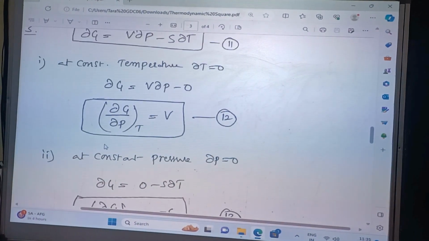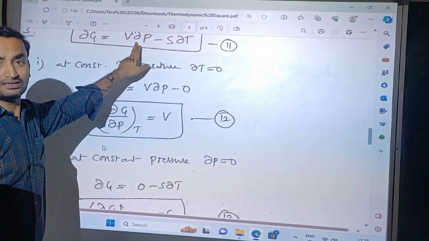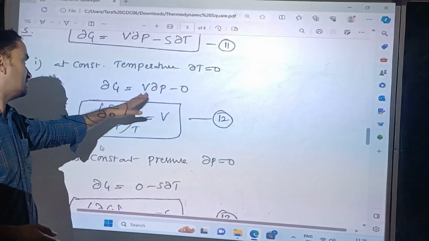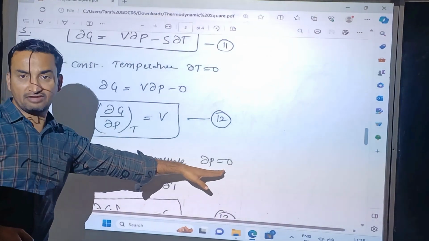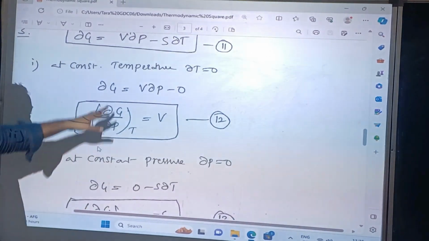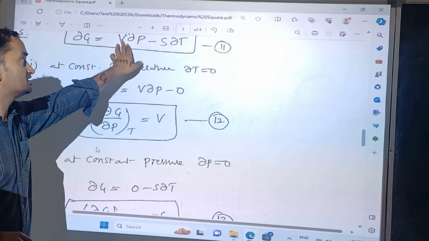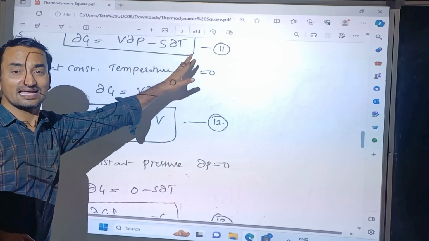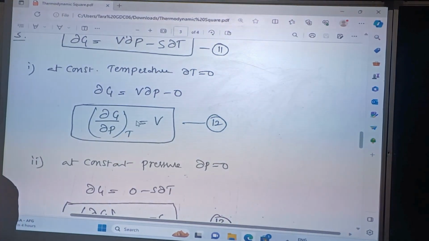Now continuation to that one. Just now we kept temperature constant. Now we are going to keep pressure constant. If we keep pressure constant, that means dP will be 0. Now what happens, beta? This dP is 0, so automatically this term will be 0. So we get dG equal to minus S dT at constant pressure.